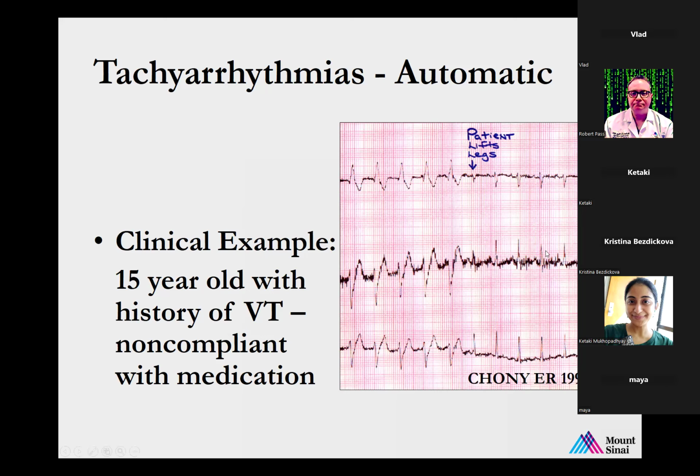And you can see that as the sinus rate increases, it essentially suppresses what is VT, which actually was Bell-Hassen's left ventricular outflow tract VT. So the VT is suppressed by sinus rhythm transiently, and when the patient put their legs back down and relaxed, the VT took over again. And this was a patient who was non-compliant with their calcium channel blockers, and ultimately I ablated this patient, I think on the same admission. So that's automatic arrhythmias.